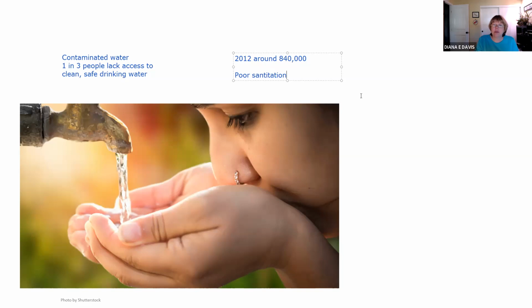Now, you cannot tell if water is contaminated by looking at it, smelling it, or tasting it. So usually you do lab tests, and somebody does a lab test, finds bacteria or chemicals in the water.